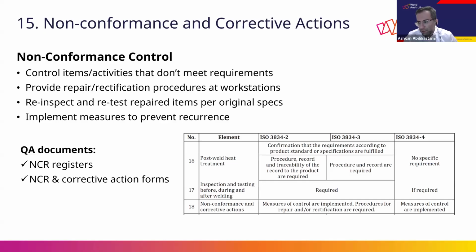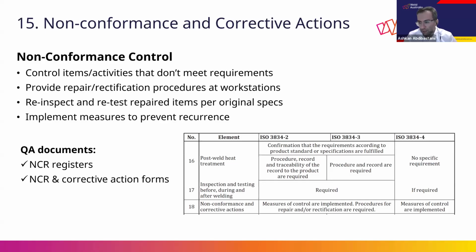Measures must be implemented to prevent recurrence. QA documents here include the NCR register, which we verify and is very important, because your NCR register displays the status of your NCRs over the years. And the NCR corrective action form.